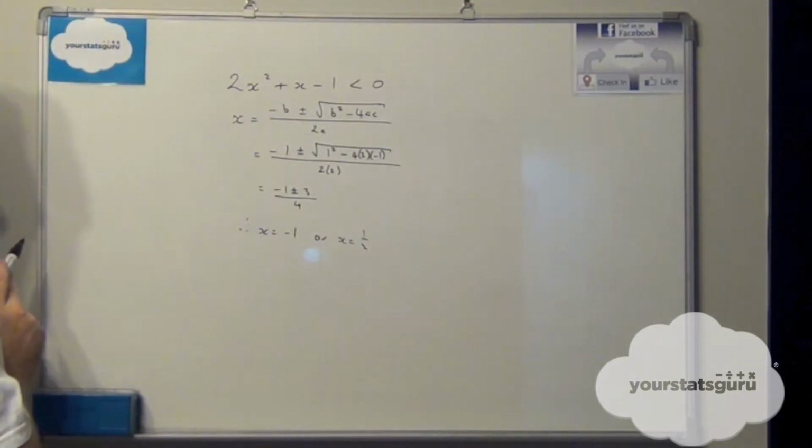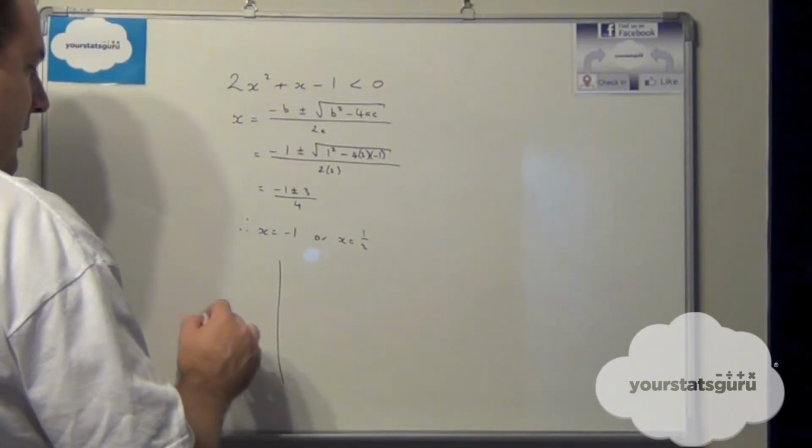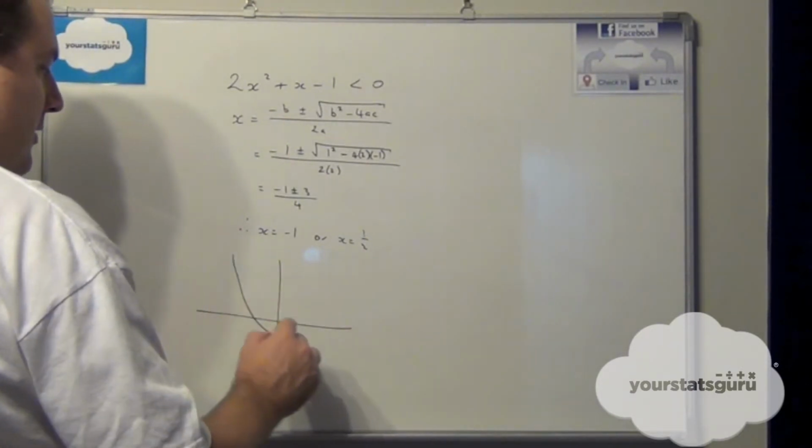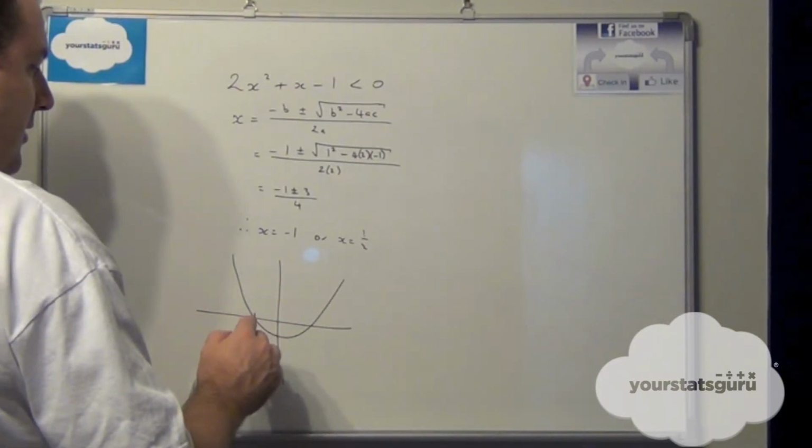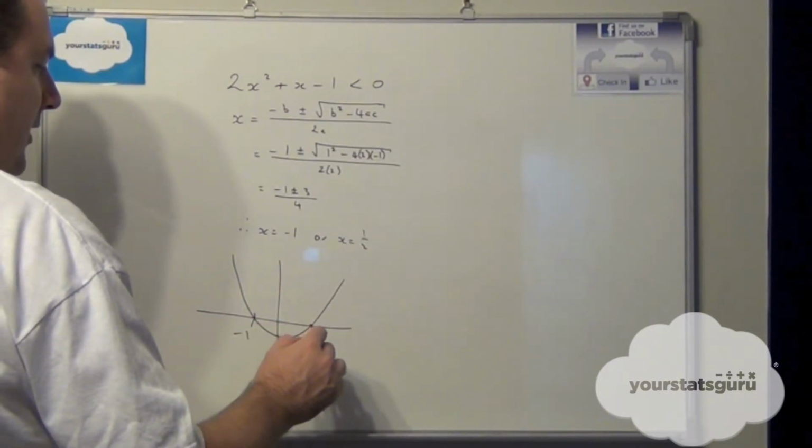This is a positive quadratic, so that means what we're looking at is a quadratic that looks something like this, where that value there is minus 1 and that value there is a half.